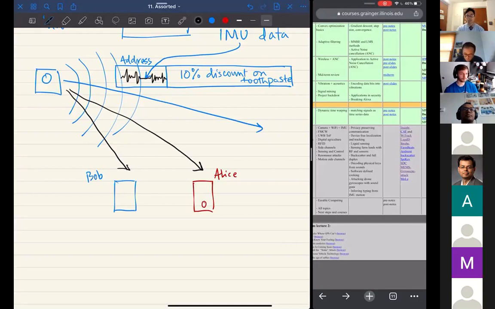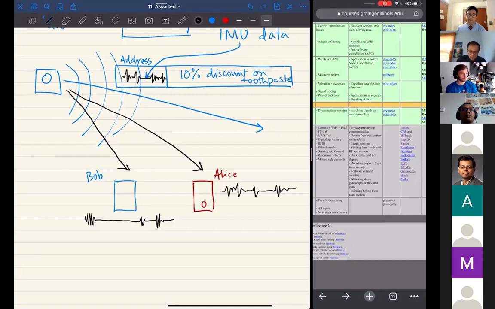Now, Alice also has her own IMU data, and Bob has his own IMU data like that. Tell me what happens now. What am I going to say next? Anyone?